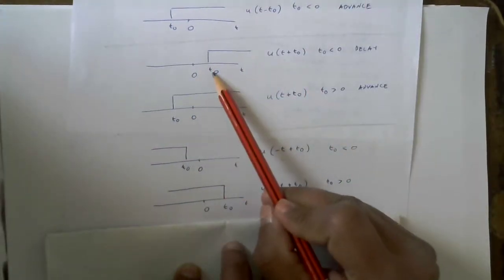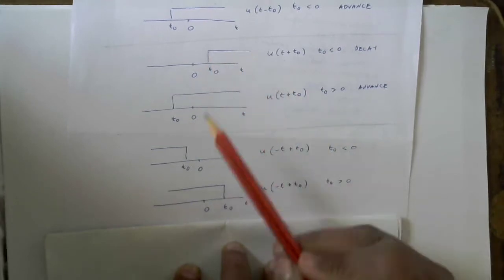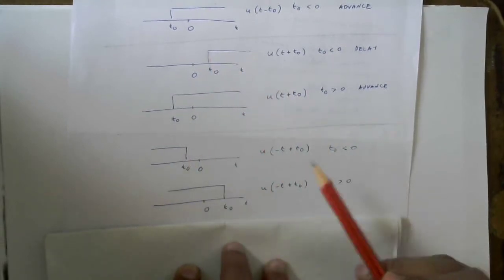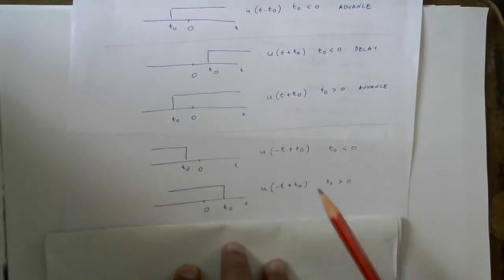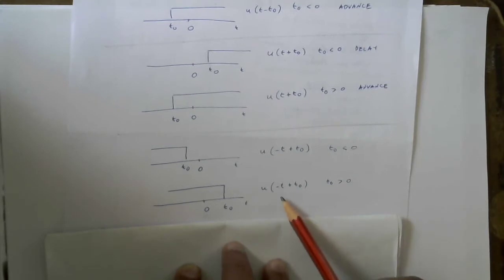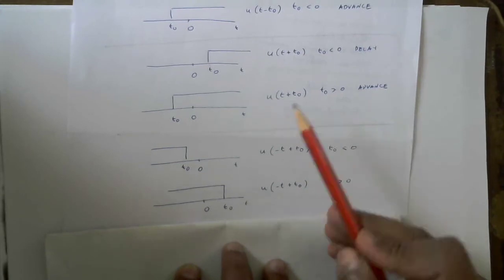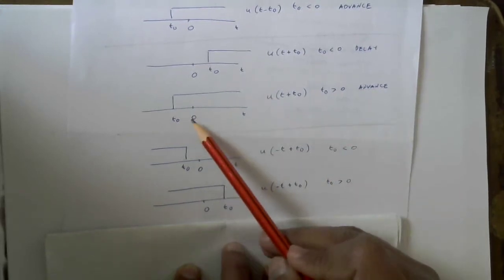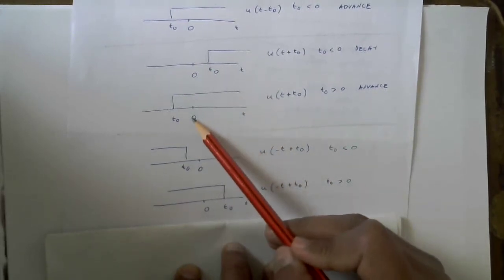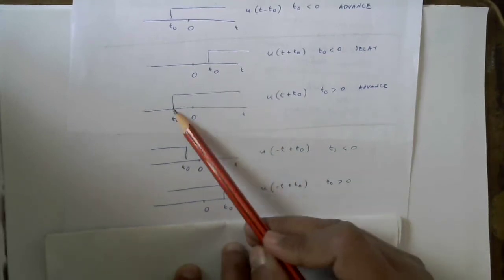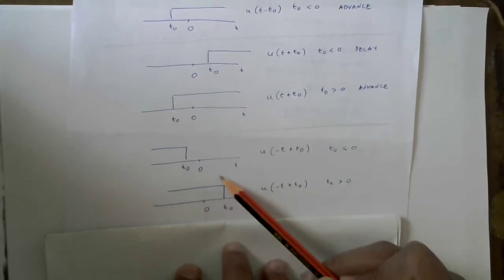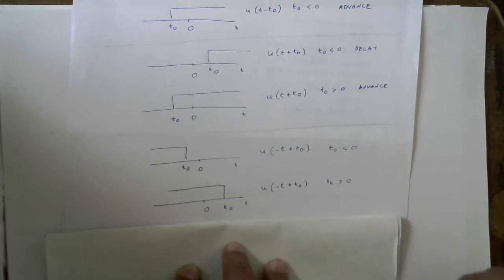So this thing which looks like this here now gets flipped like this. This is u of minus t plus t naught. Similarly, for u of t plus t naught, when you replace t with minus t, you're again doing a time flip. So this thing gets flipped about the y-axis. So now your t naught will become here, and this gets flipped. Right? So this we had seen earlier. So please keep this in mind.